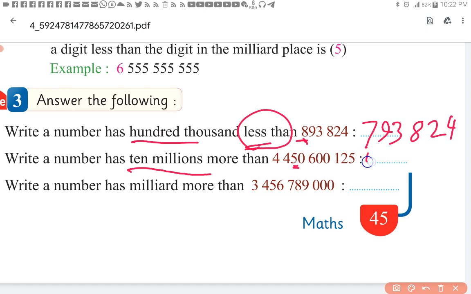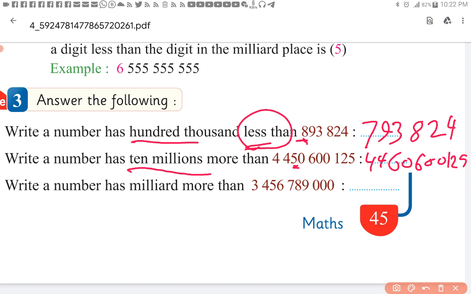It will be 4, then another 4, after that 6, 0, then 600 and 125. So the number will be 4,460,600,125.